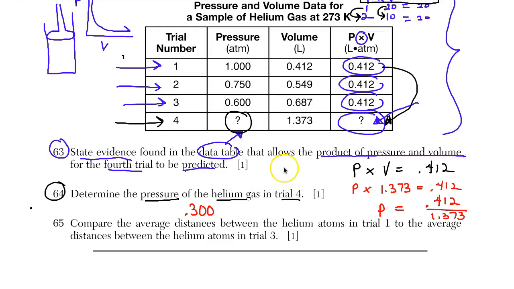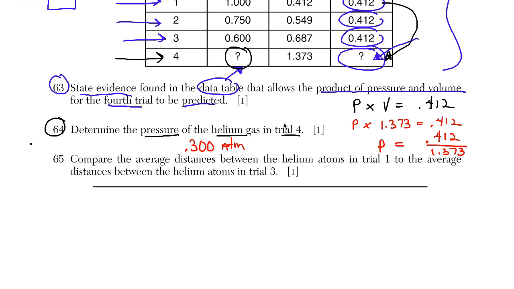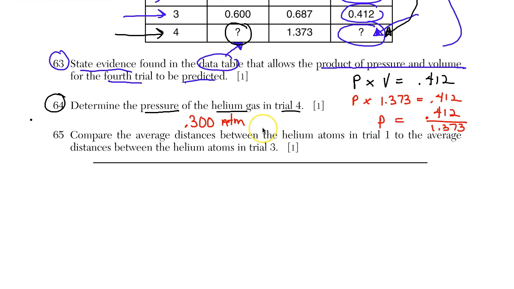Now, certainly we could do this other ways, and of course this is in atmospheres. If you're uncomfortable with that, could you do a gas law problem? The answer is absolutely yes. Maybe many people did this. Now you could pick any other point.